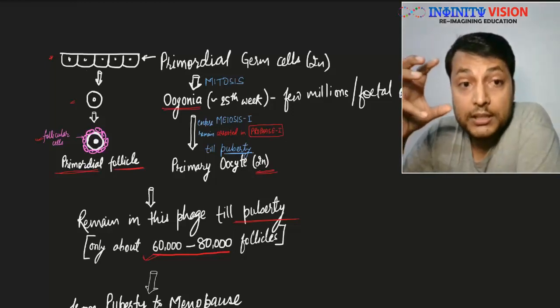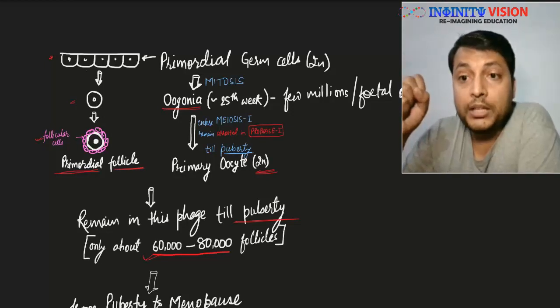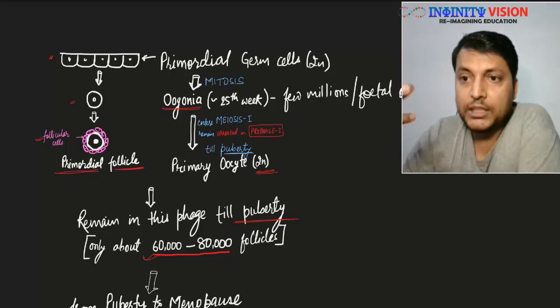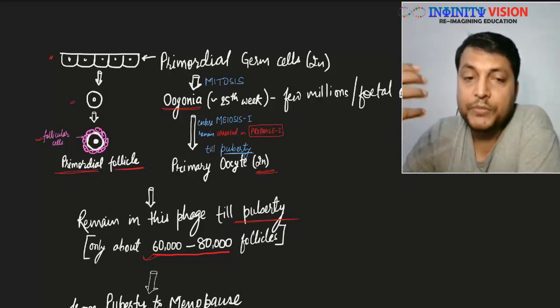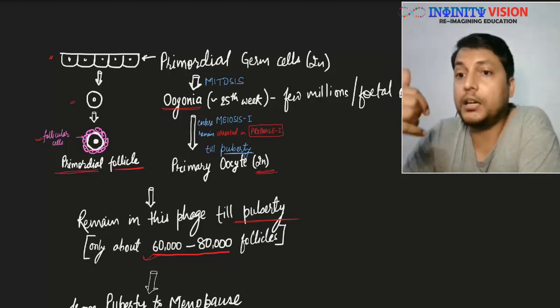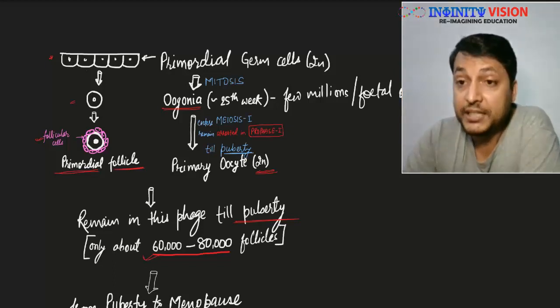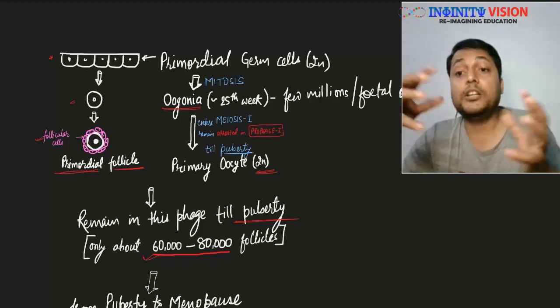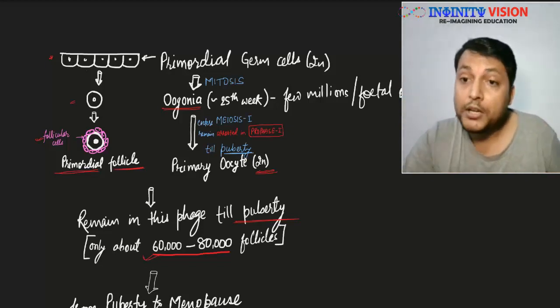Now, the cells of oogonia will undergo further development. They will start the process of meiosis. They will enter into prophase 1 of meiosis 1, but they are unable to complete it at that time. So they will remain arrested in prophase 1 for a very long time, till the age of puberty.